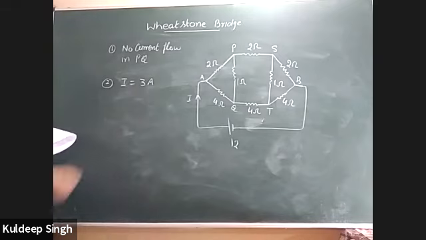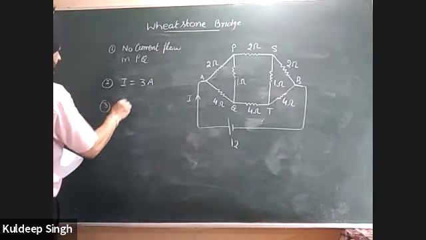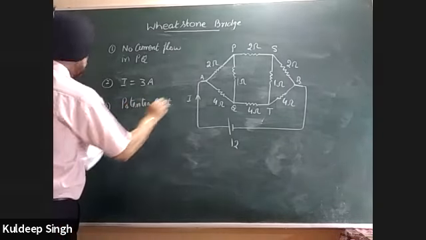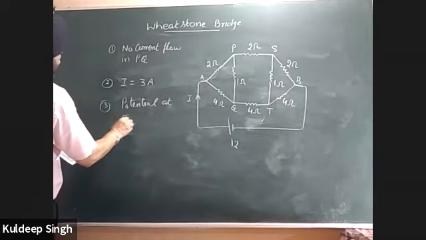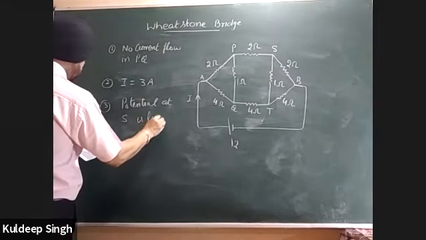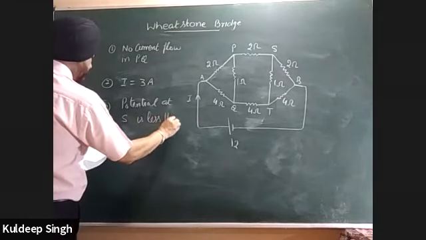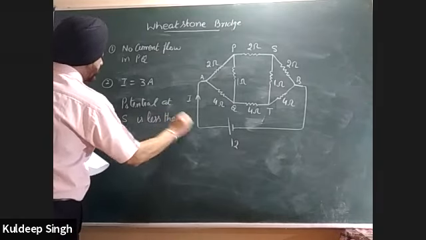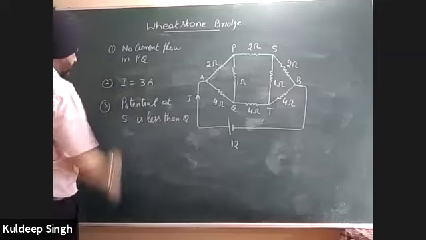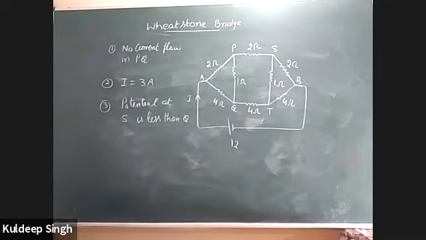And the third one, potential at S is less than potential at Q. So these are the three options, and we have to find out which one is correct. Maybe more than one is correct.